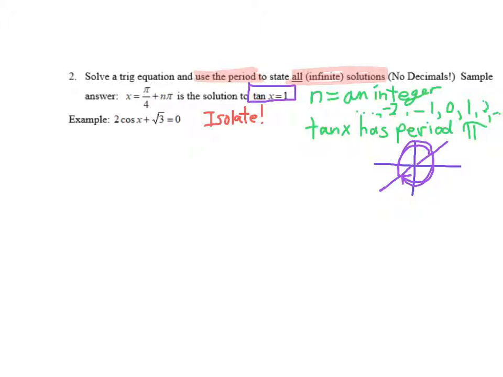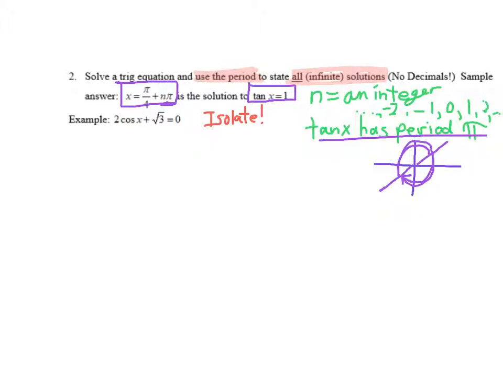So the way we write that answer is we write the original angle position, in this case quadrant 1, and then we write n times whatever it is we would have to add to get to the next answer. In this case, tan x has a period of pi, so it would be n pi.